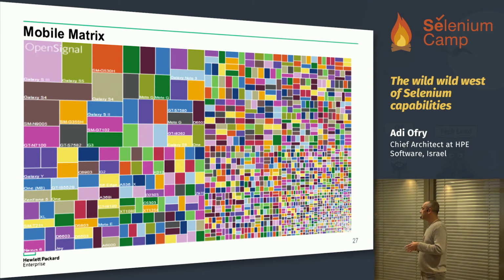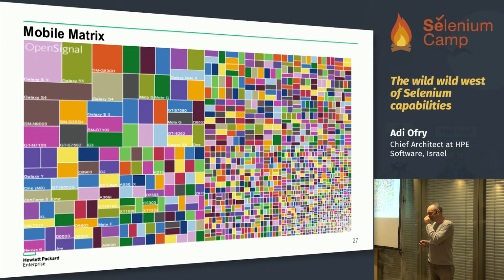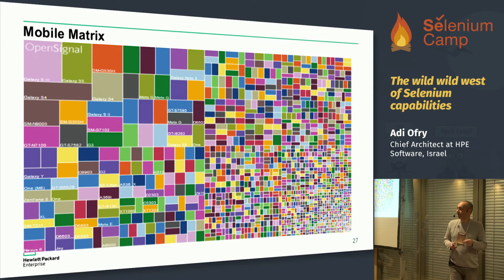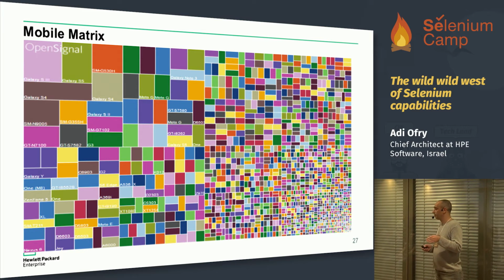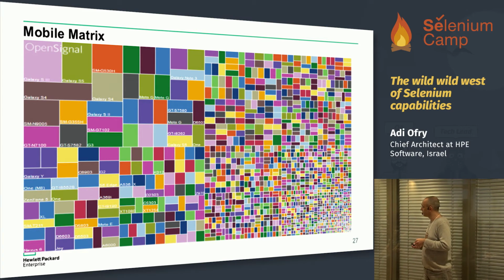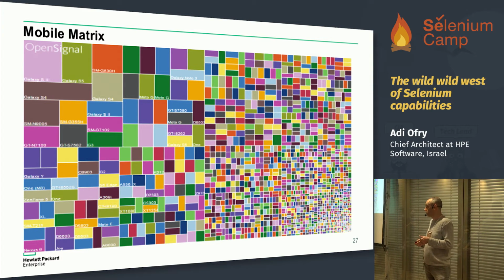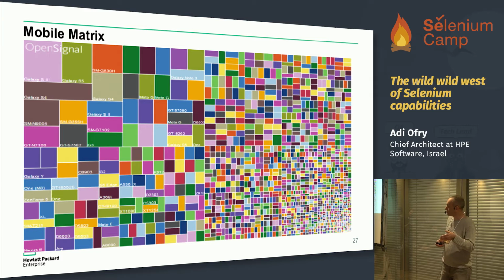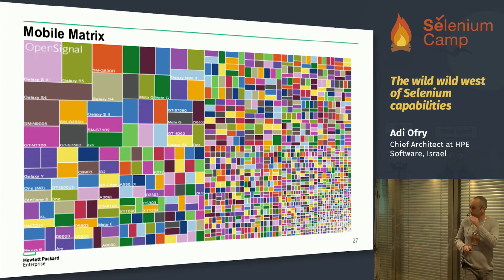There are 20,000 kinds of Android devices, and there are like 70 kinds of iOS devices. And this is only the type of devices and vendors. You also have versions of the OS, which are changing all the time.